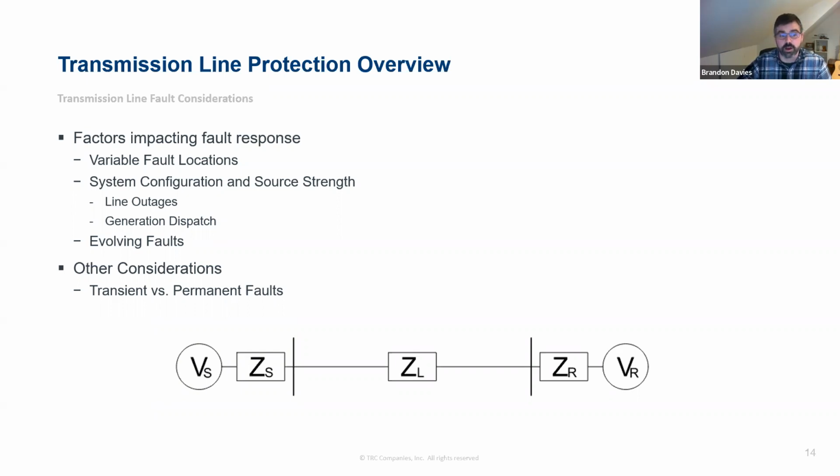The lightning strike is gone, and you can re-energize your system, and that's considered a transient fault. Another fault, like a downed conductor, a tree coming in contact, or an insulator failing, would be a more permanent fault that you'd have to go out and do some maintenance to correct.